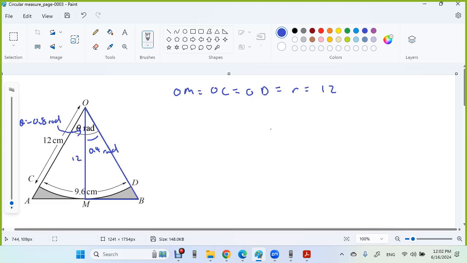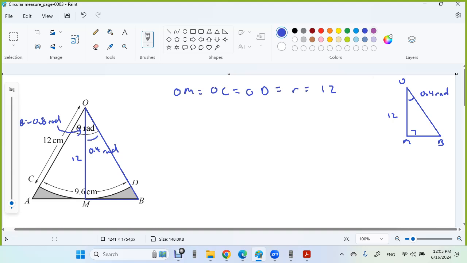So imagine you have the triangle OMB here. This is 12, and this is 0.4 radian. I want to find the MB.